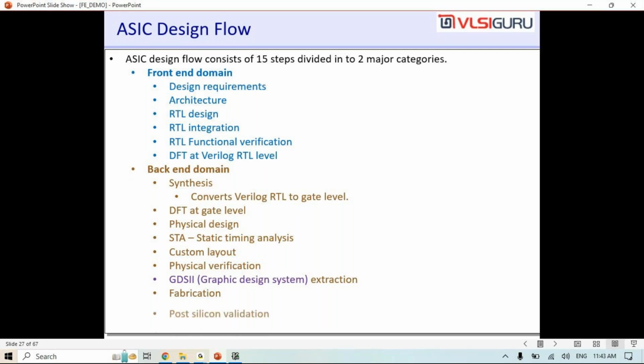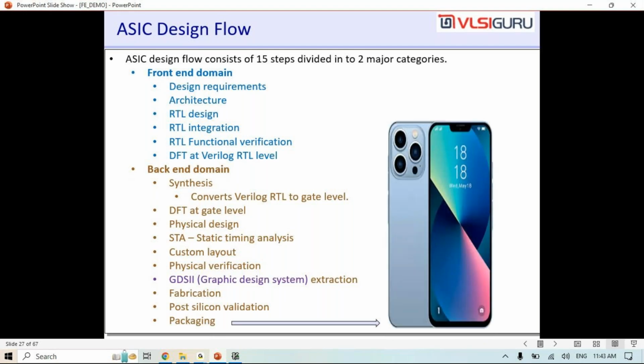After fabrication, post silicon validation. Whatever you have fabricated, you have to check whether there is any problem in that fabricated chip. Finally, once you have verified that the chip is working fine, each chip, you go for packaging. Once you are done with packaging, you get this.